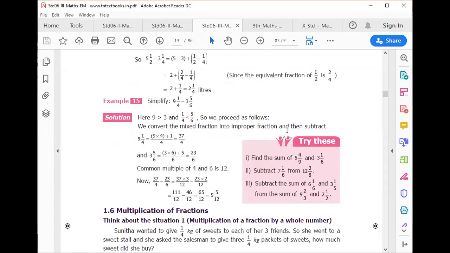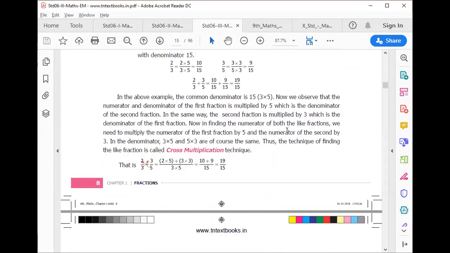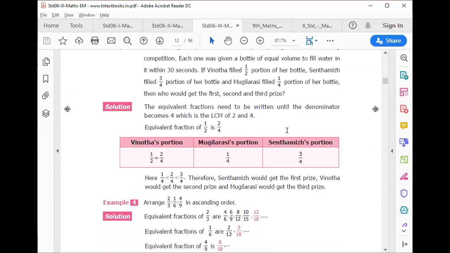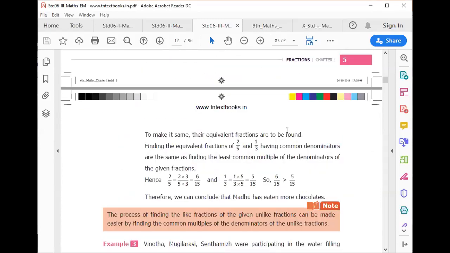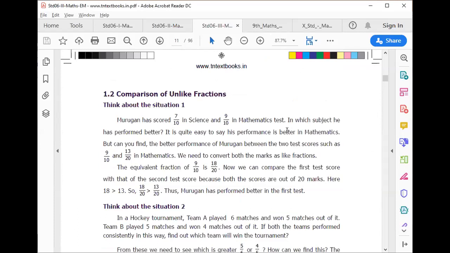Now, if you remember, they talked about addition and subtraction of proper fractions, and also comparison of proper fractions, before getting into improper and mixed fractions, right? And they don't spend too much time on like fractions. They jump into unlike fractions. In the first case, they do like fractions, with the first example of scores in science and mathematics.